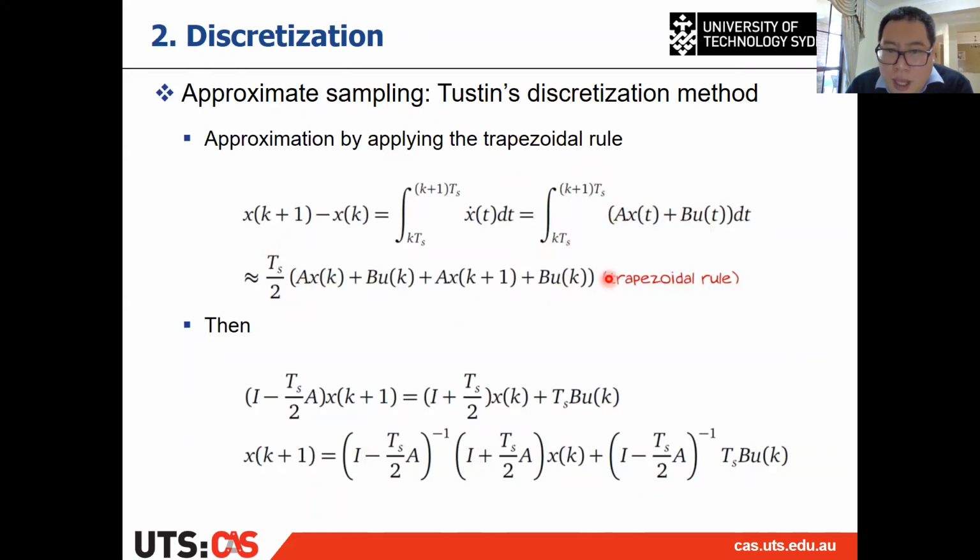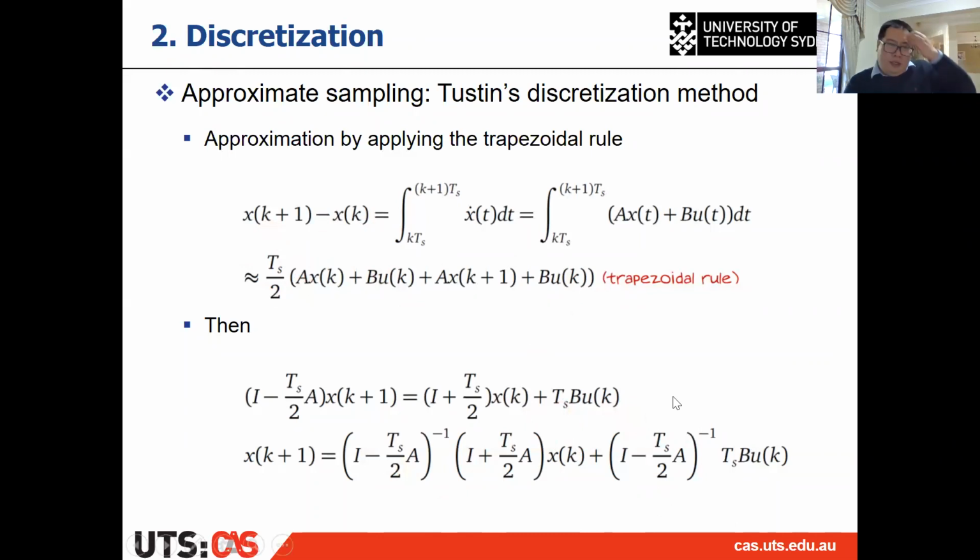Then we have this, which means xk plus 1 minus xk is equal to this. That is from the trapezoidal rule. And you can see in this equation you only have xk, xk plus 1, and uk. Then you can rewrite it into the standard formulation of the linear discrete time system. Then you have it. All right.